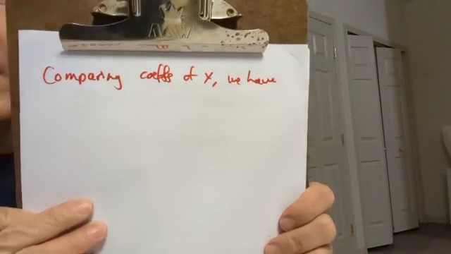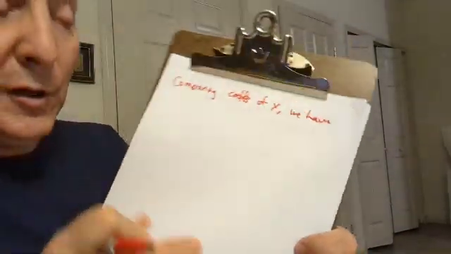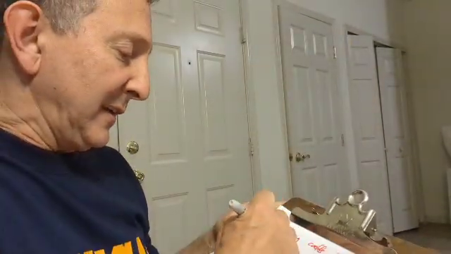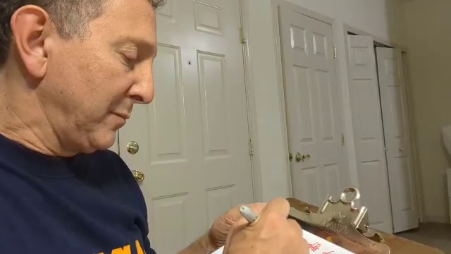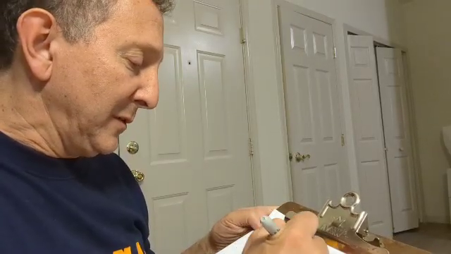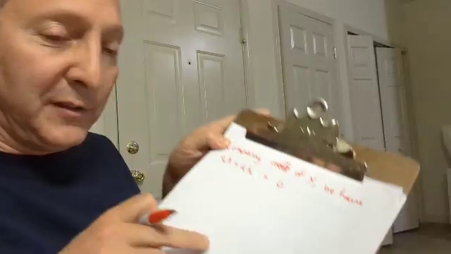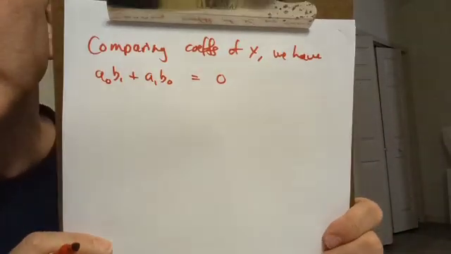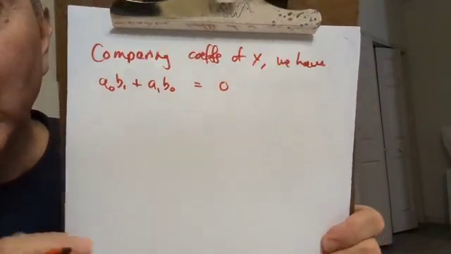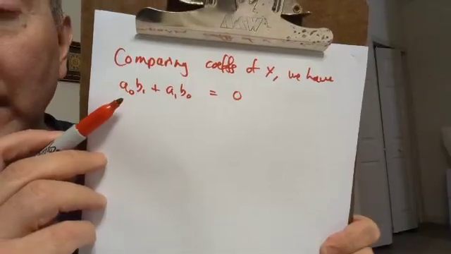So comparing coefficients of x, we have a0 b1 plus a1 b0 equals 0, because there was 0x on the right-hand side, and this is the coefficient of x on the left-hand side.